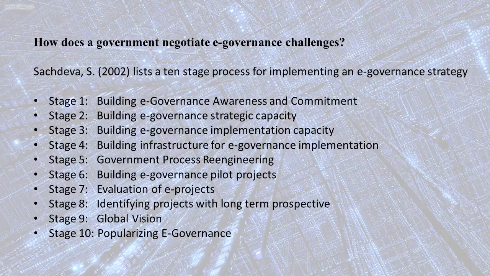You notice the first stage is public awareness and commitment of stakeholders, much like what a records manager would do in developing an electronic records management system. So too must stage 2 here in conceptualizing what the overall capacity would be.